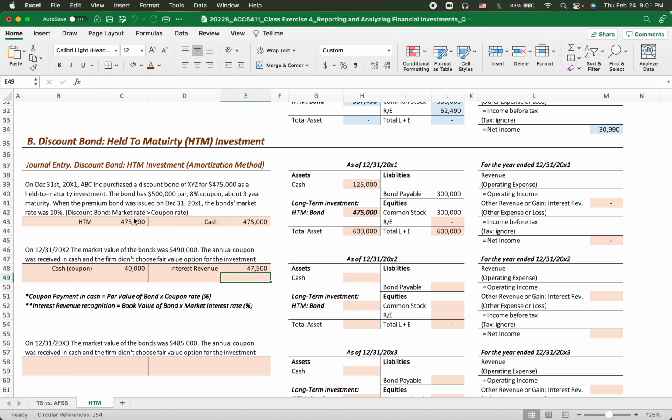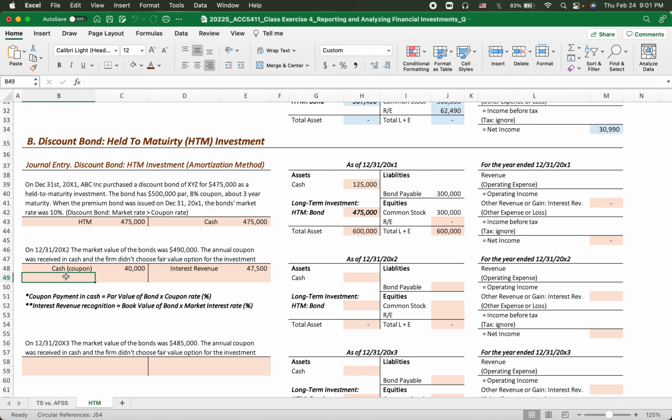In order to sell this bond, the issuer should satisfy the 10% market rate, not 8%. But when the issuer issued this bond, it is already fixed, even if the market required 10%.